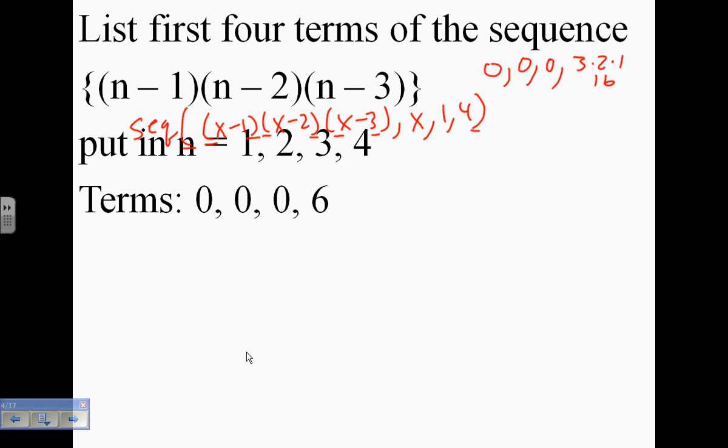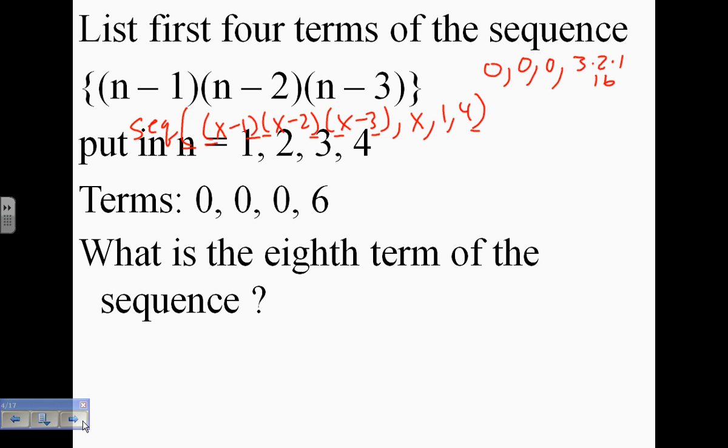All right. Moving on. Eighth term. Put in 8. See what you get. Yeah. 7 times 6 times 5.